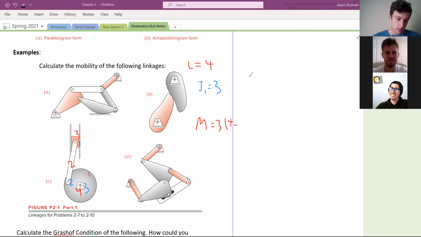There are 4. Sorry, there's the pin between the connecting rod and the slider, and then there's the slider in the ground. All right, sorry. Okay, thanks, Michael. 4 minus 1.